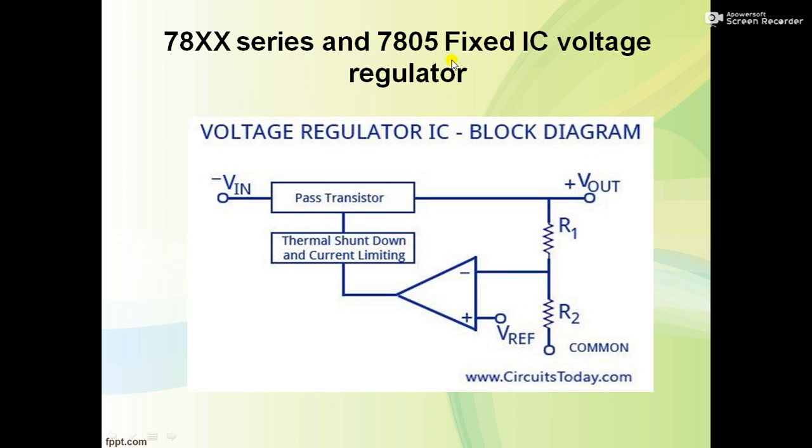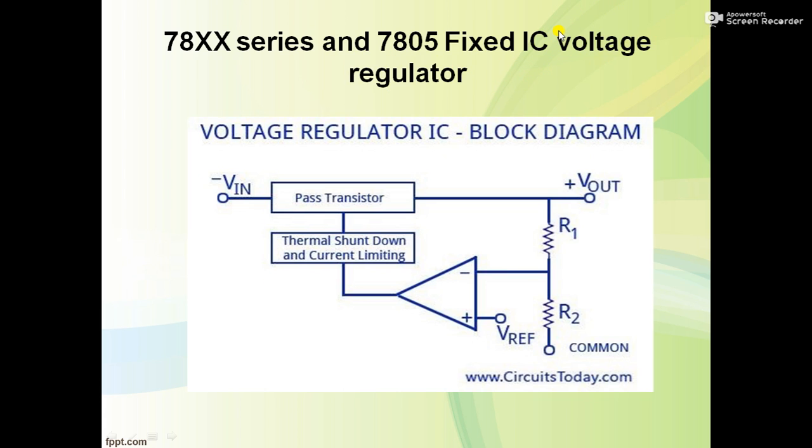The next concept is the 78XX series and the 7805 fixed IC voltage regulator. Already we discussed this voltage regulator. This point we discussed in the Zener diode part.